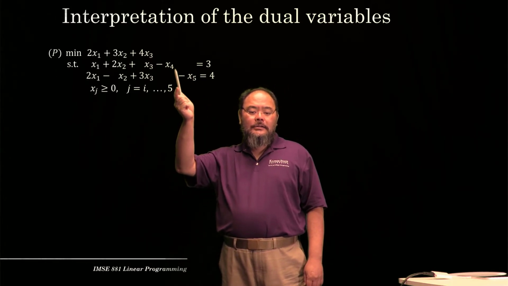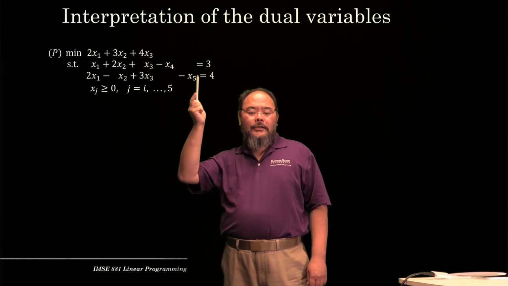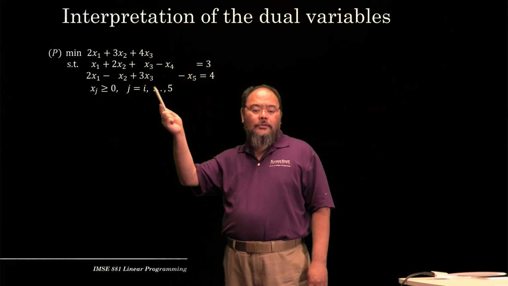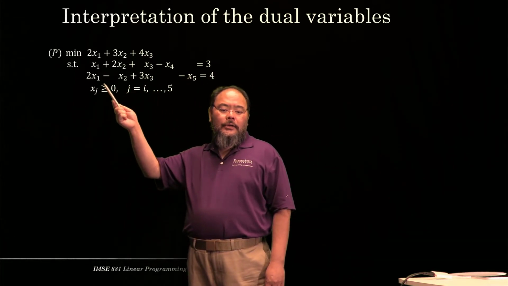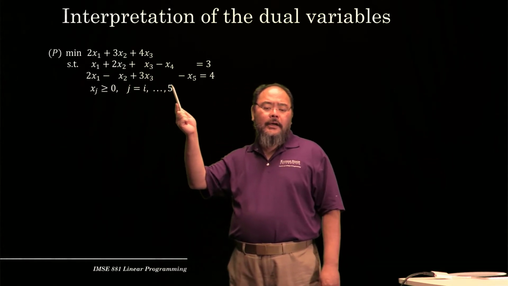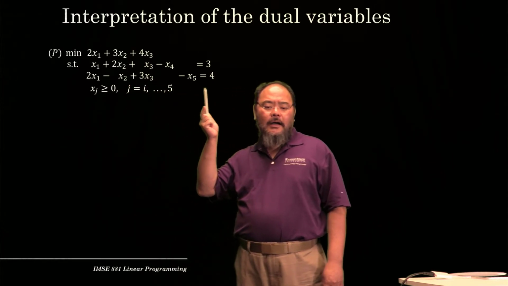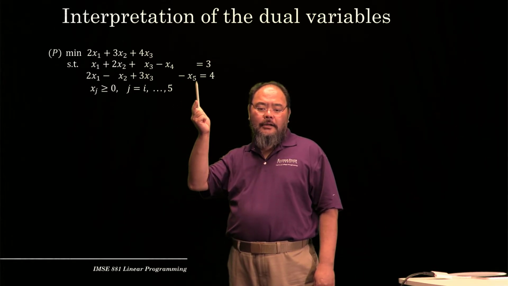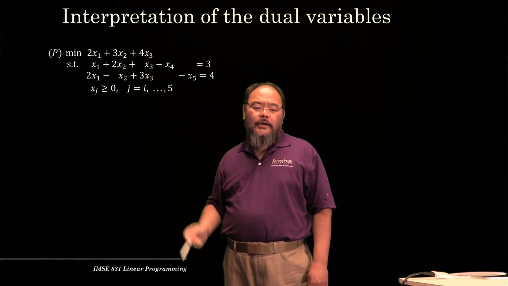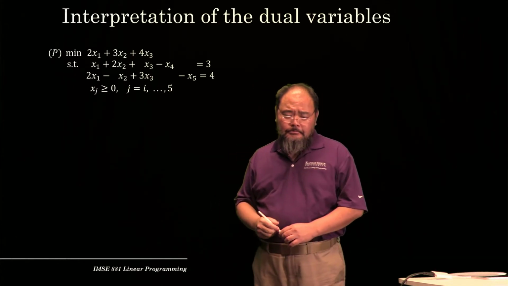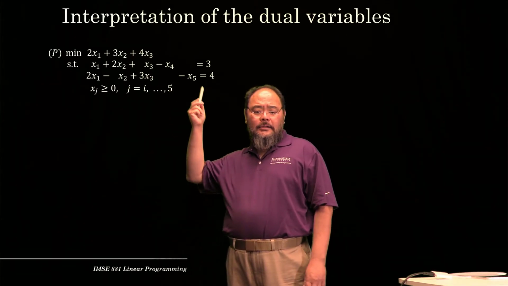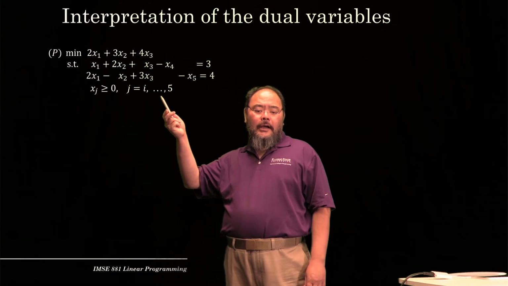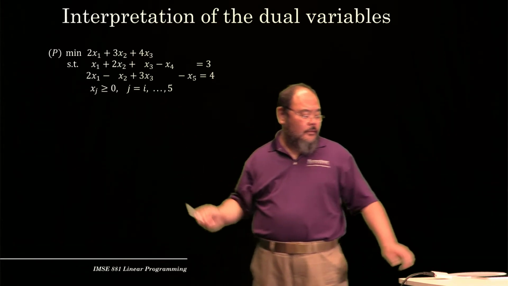Without this surplus variable, this is a greater than or equal to constraint. And also 2x1 minus x2 plus 3x3 minus x5 equals 4. That also means this constraint is a greater than or equal to constraint, so that's why we add a surplus variable here. All the x's are non-negative.